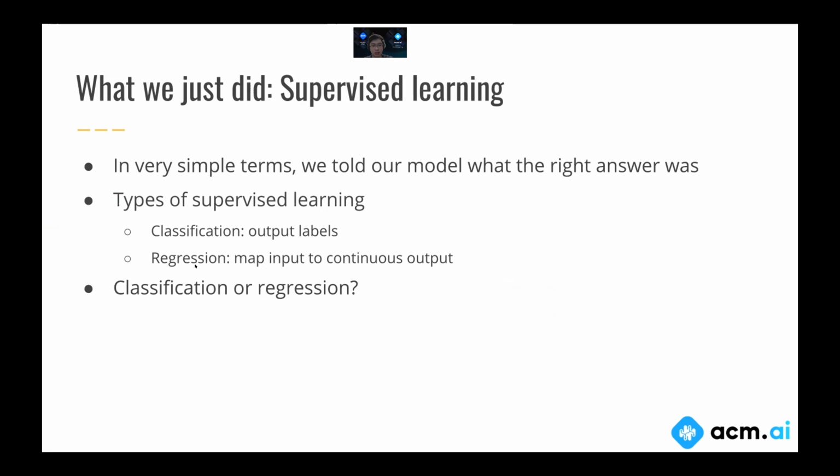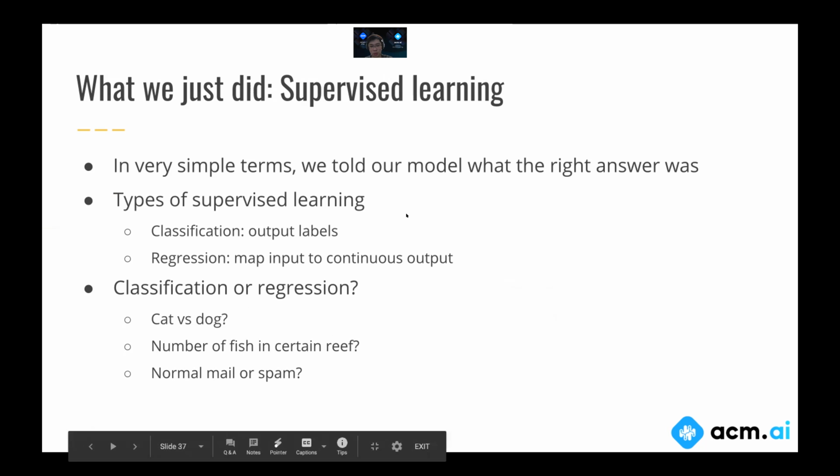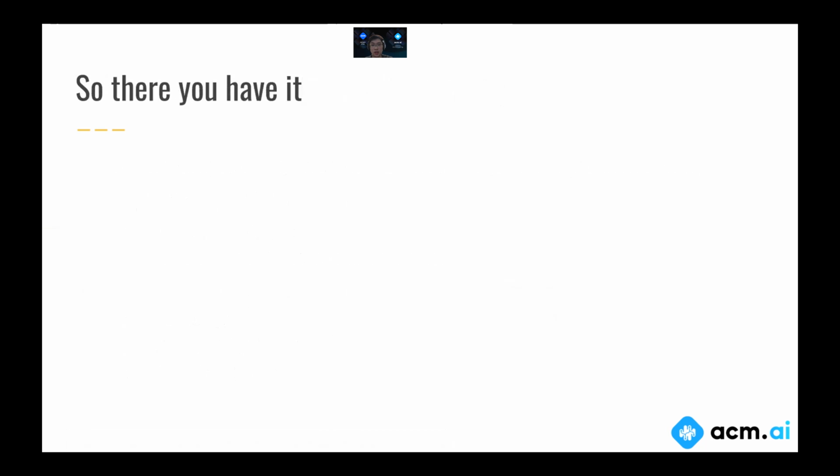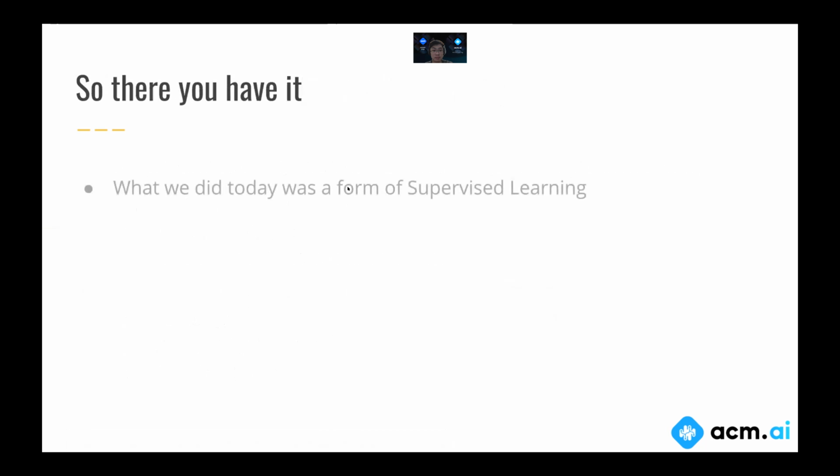And we just did regression. Here are some examples of classification or regression. Feel free to think about these after the workshop, but we're not going to spend too much time on them.